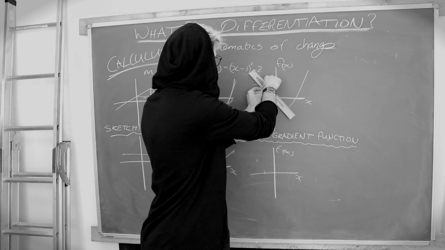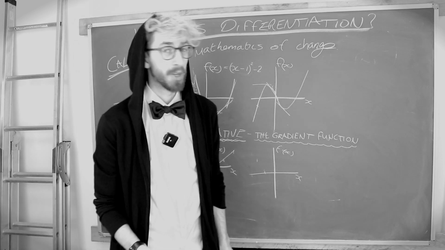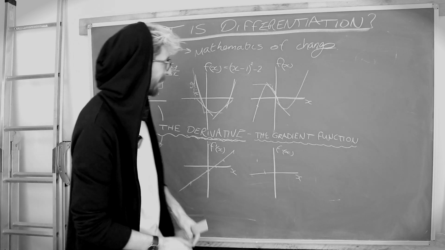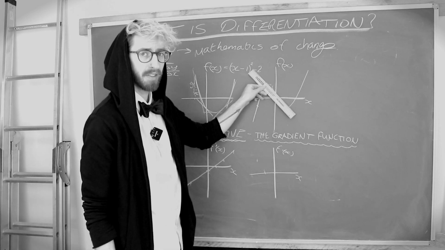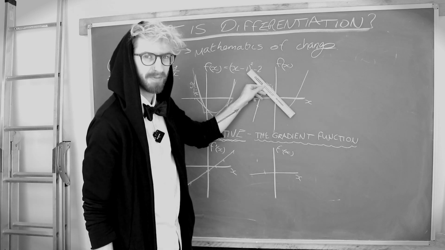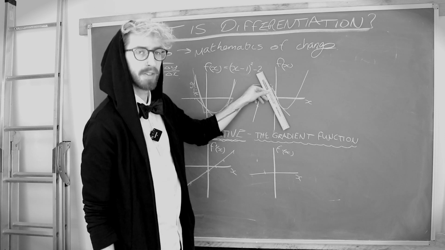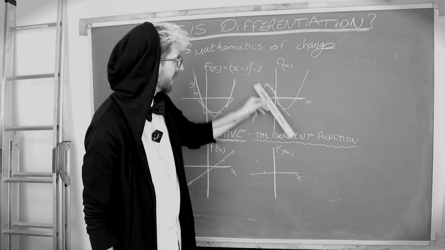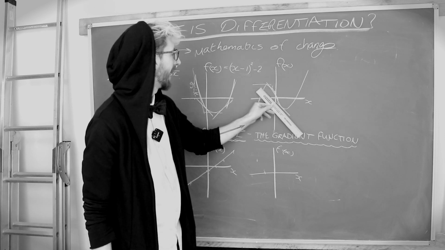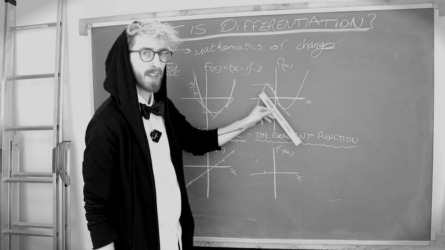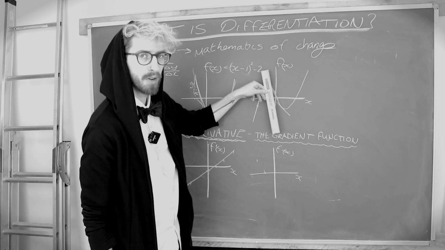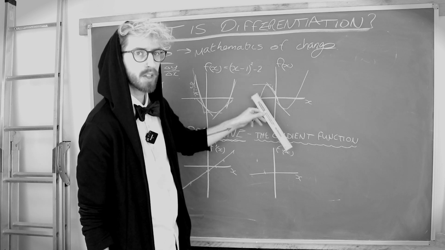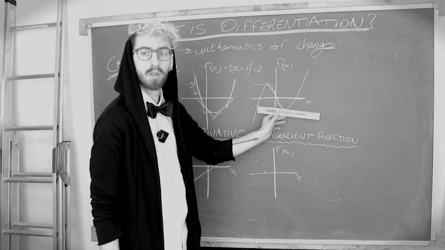Let's just draw a couple on. I don't know if you can see them on that camera, but we've got negative, but not very steep. Negative, a bit steeper. Negative, as steep as that one was up there. So it kind of goes steep down to its steepest point, and then back up towards 0.